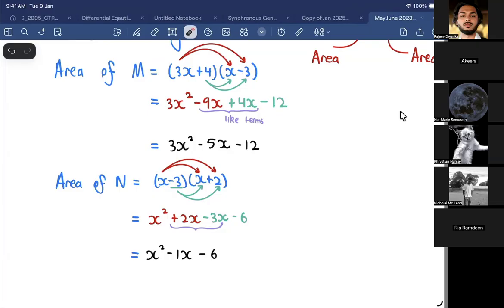Long story short, Nia, you have two x's over here, and you take away three x's. Do you have three x's to take away from? No. So you take away the two x's, but how many x's are you still owing?